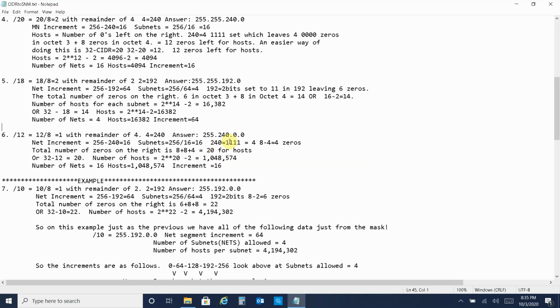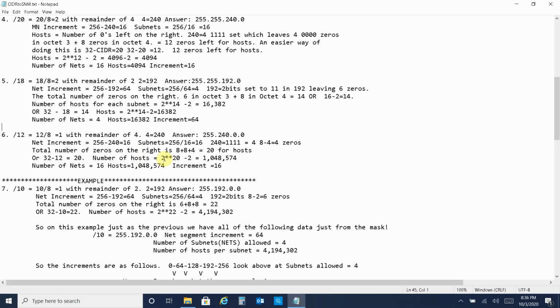Here's the intuitive way to do this. But again, you can just simply take 32 minus 12. Always 32 minus whatever, and that'll give you the number of zeros left on the right. I'll let you look at this and figure it out if you want to do it intuitively. So 32 minus 12 equals 20.